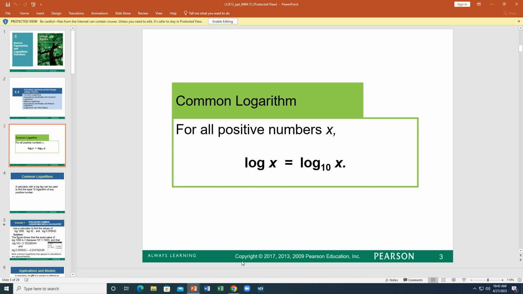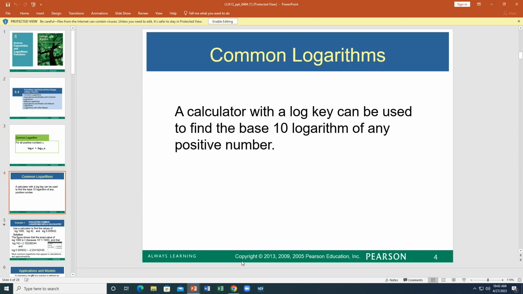So now in your calculator, you can find a key to evaluate the common logarithm. A calculator with a log key can be used to find the base 10 logarithm of any positive number. Base 10 logarithm is common logarithm, okay?